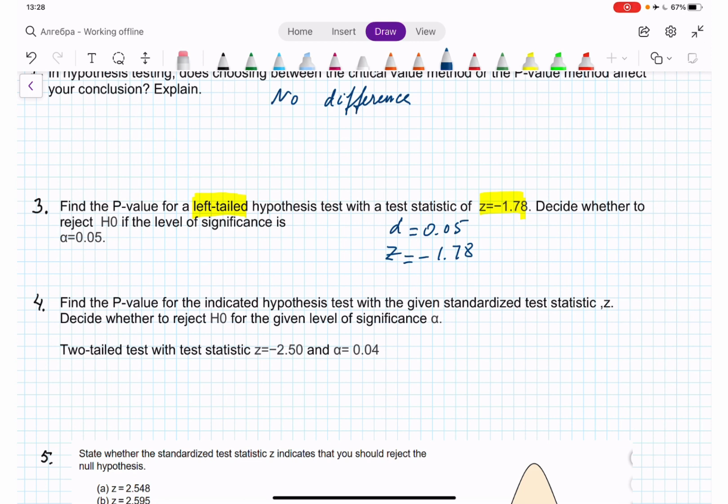So we need to find the p-value based on the z-score table. If you don't remember how to find the p-value based on the z-score table, you can open the lecture. I'll place the link under this video so you can watch how to work with z-score.